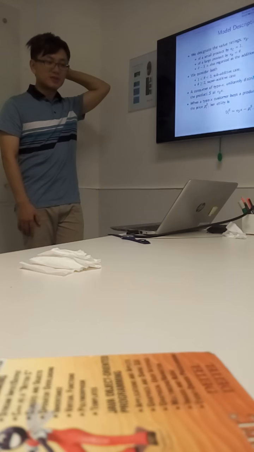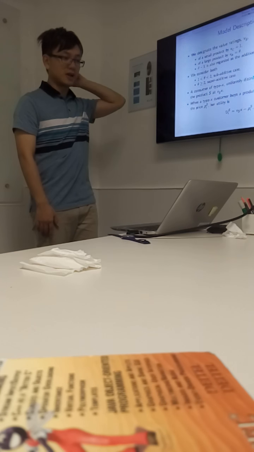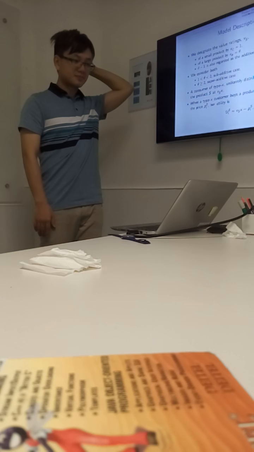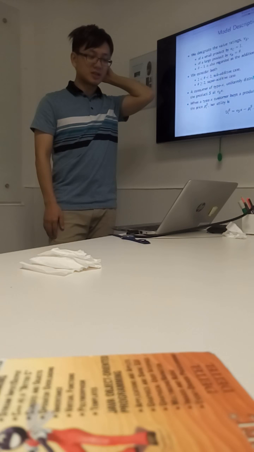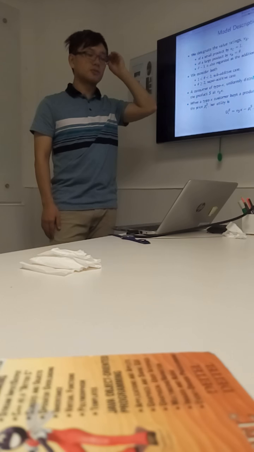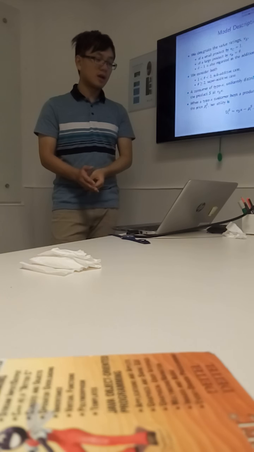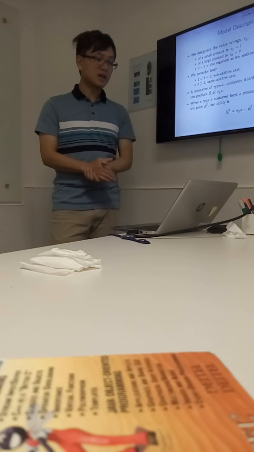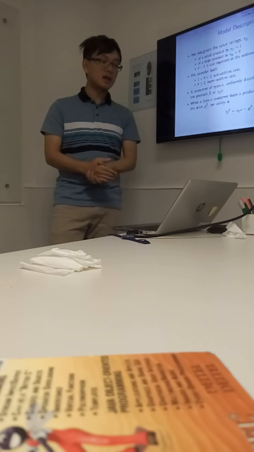We use V to denote the value ratings. Here, V_C is the value rating of the small product, which is 1, and V_B is the value rating of the large product, which is theta.